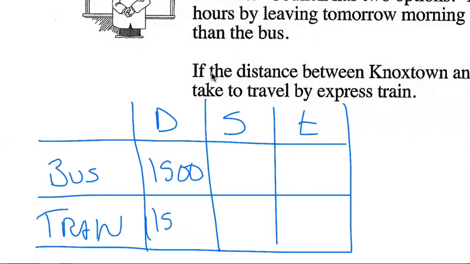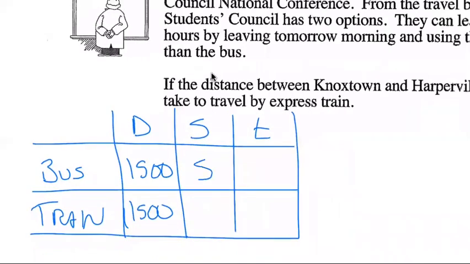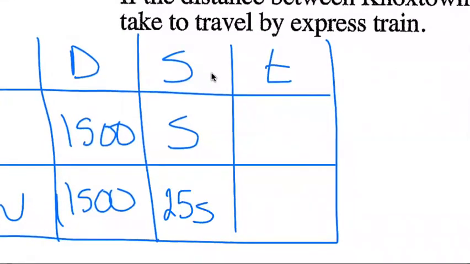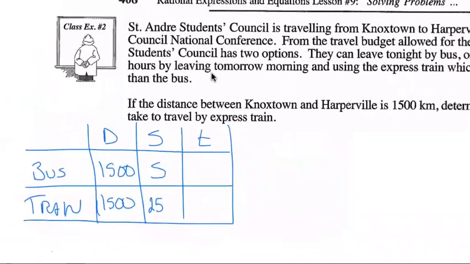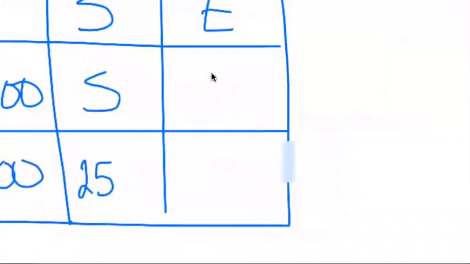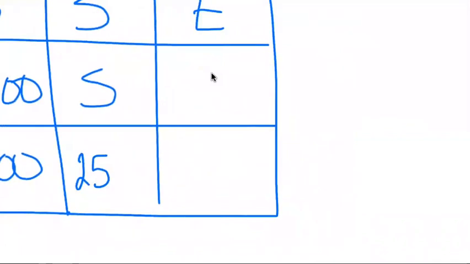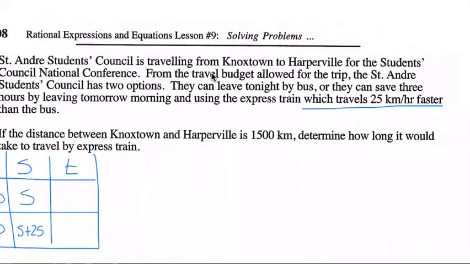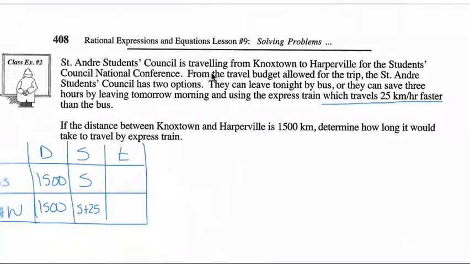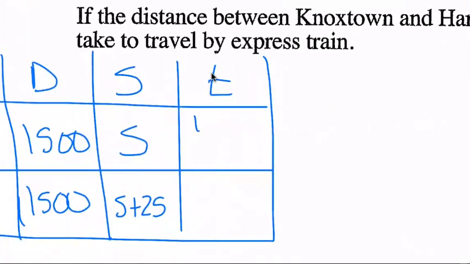My speed for the bus I'm going to call s, because I know that my train goes 25 kilometers per hour faster. So s plus 25. That comes from this statement here, travels 25 kilometers faster. Now, what's my time? Well, it would be 1500 divided by s for the bus, and 1500 divided by s plus 25 for the train.